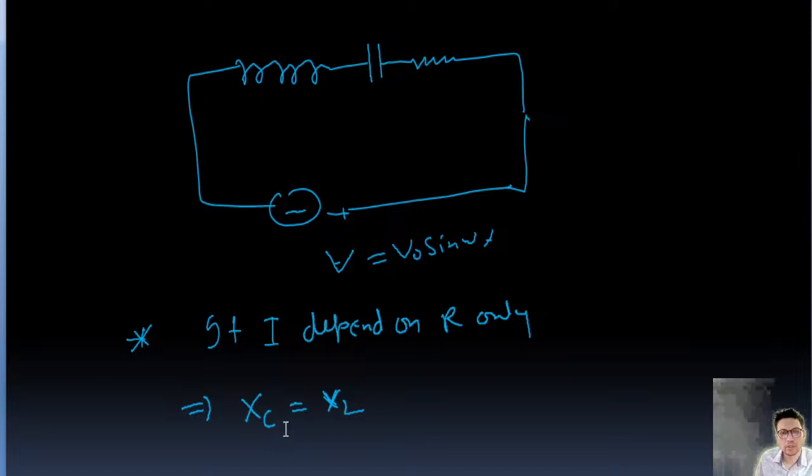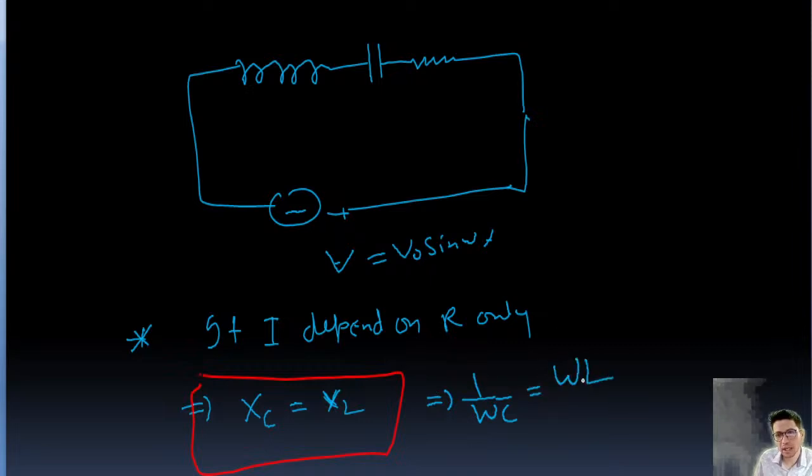So this is the condition you should note down, XC equal to XL. And we know the value of XC is 1 upon omega C, where omega is the frequency, and XL means omega L, L is inductance, C is capacitance.